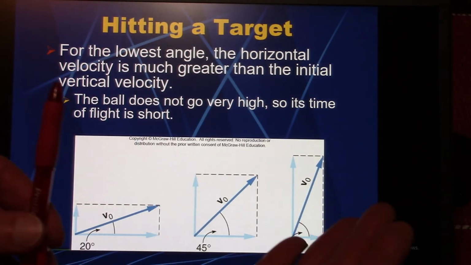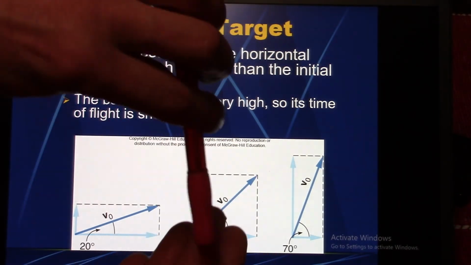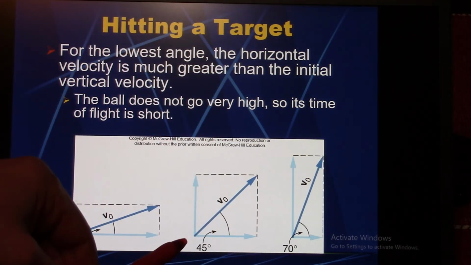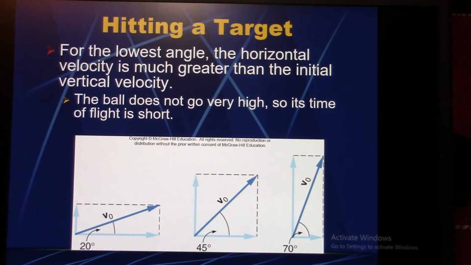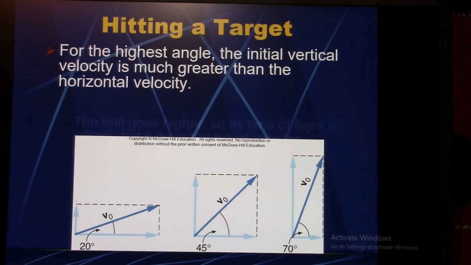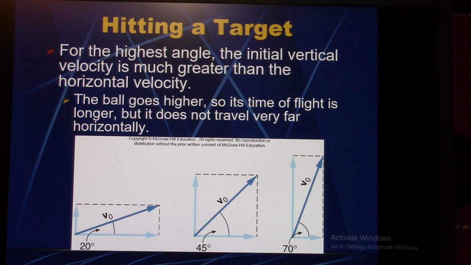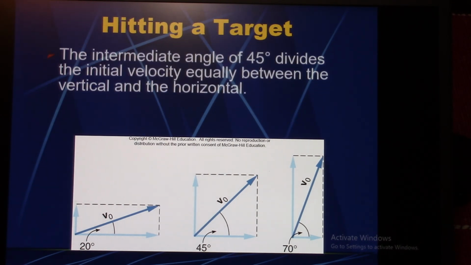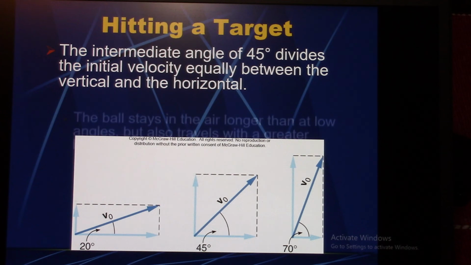If it's a high angle, it's almost like throwing it straight up. It's just going to come down right not far from where you threw it. 45 degrees is going to give you the most distance. Yeah, 45 degrees. So that's just good to know, right?